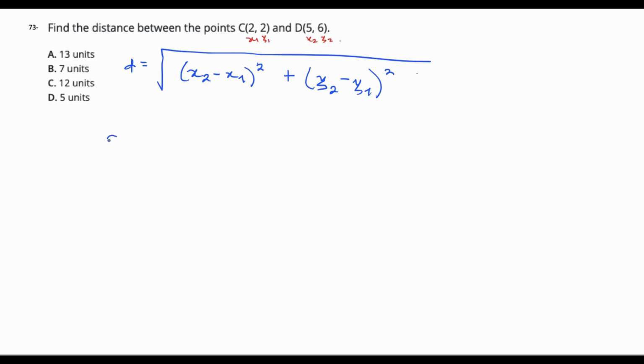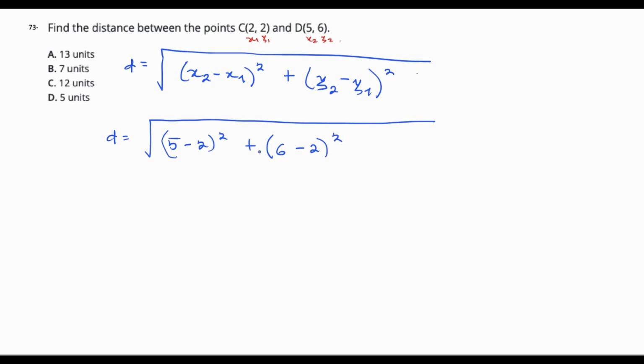So if we solve for this, d is going to be equal to square root of x2 is 5 minus x1, which is 2, all squared, plus y2 is 6 minus y1, which is 2, all squared.